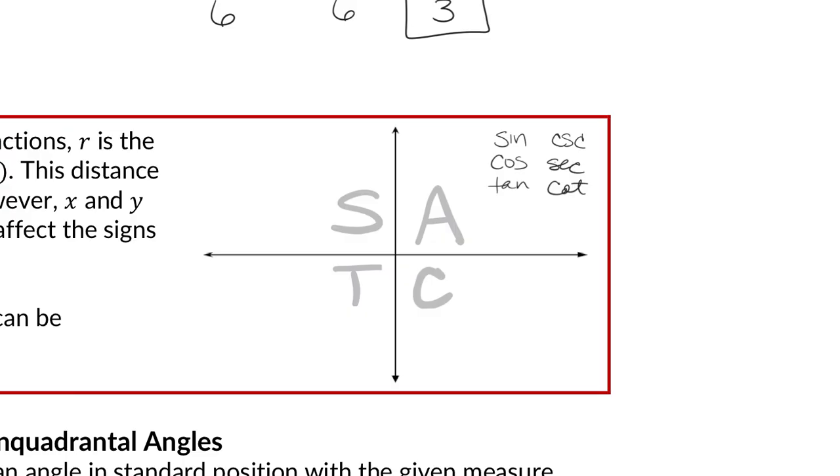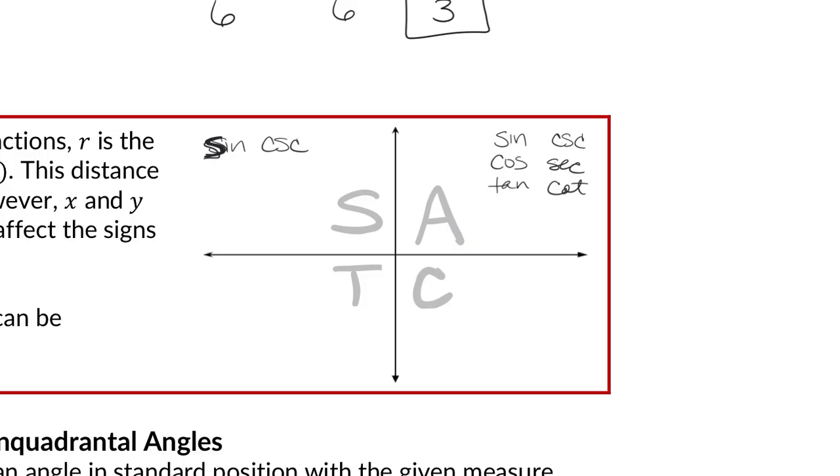If we go to quadrant 2, that says S. That means that the only trig functions that are positive are sine and its reciprocal cosecant, because of the S right here in sine. If that's the case, what can we conclude about the T quadrant, the 3rd quadrant?